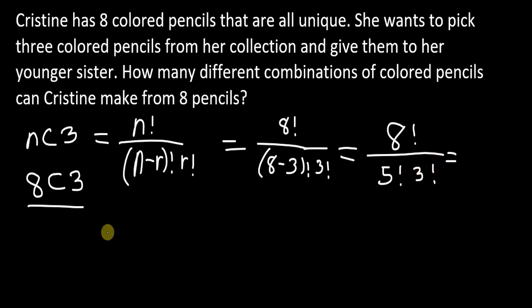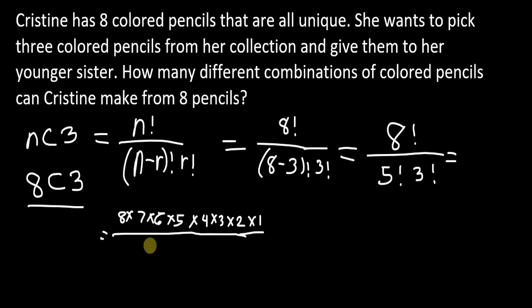Okay, so lagay na lang dito. So, 8 factorial, that is equal to 8 times 7 times 6 times 5 times 4 times 3 times 2 times 1. Tapos 5 factorial, that is 5 times 4 times 3 times 2 times 1.